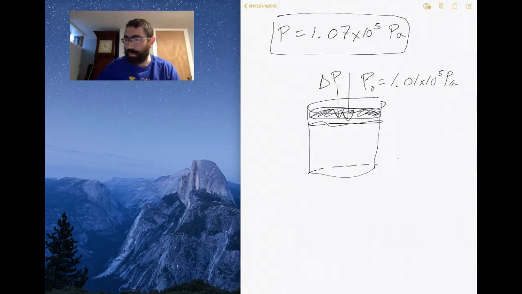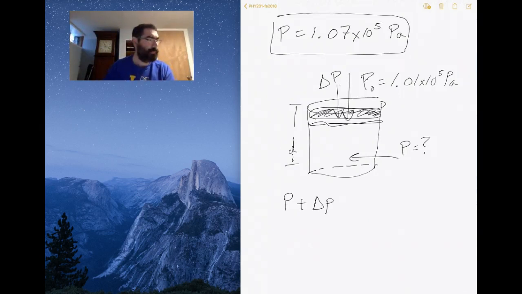What's going to be the pressure down here at some depth, a depth of D, like we usually say? Well, the pressure at the bottom would be this pressure plus the extra delta P.